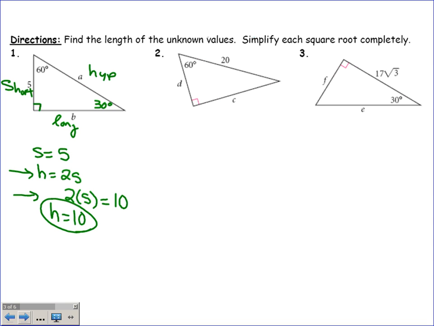So I'm substituting in. Lastly, the long leg is always our short leg times the square root of 3. So that's going to be 5 times the square root of 3 is our long leg. Okay, so the hypotenuse is 10, and the long leg is 5 times the square root of 3.